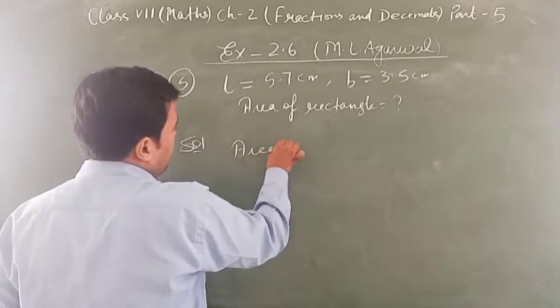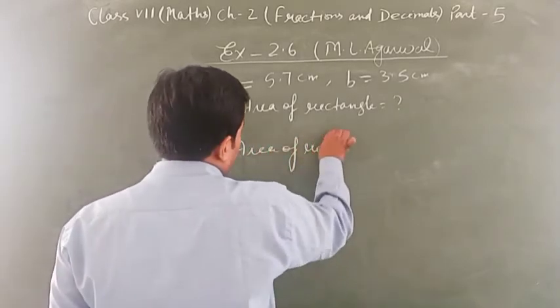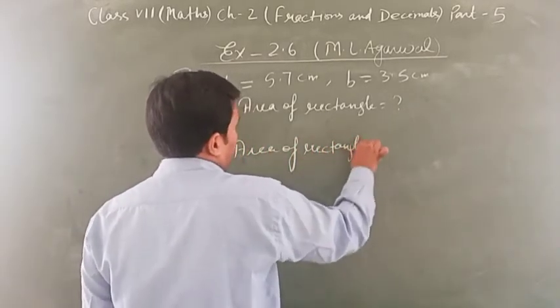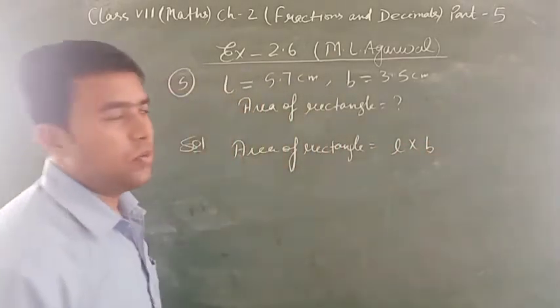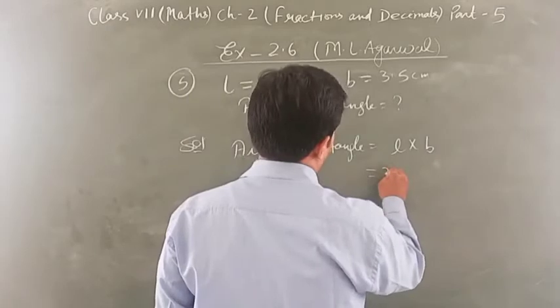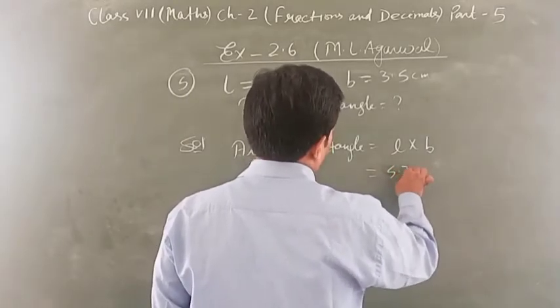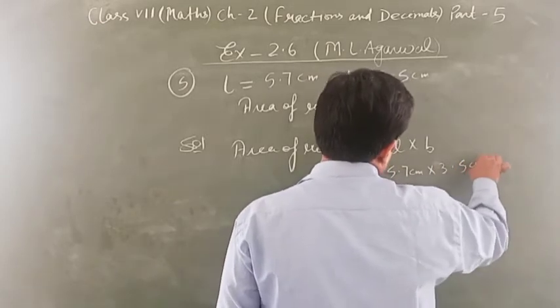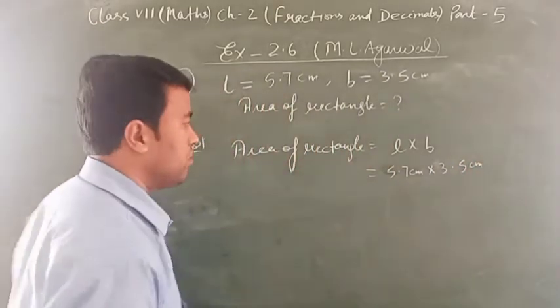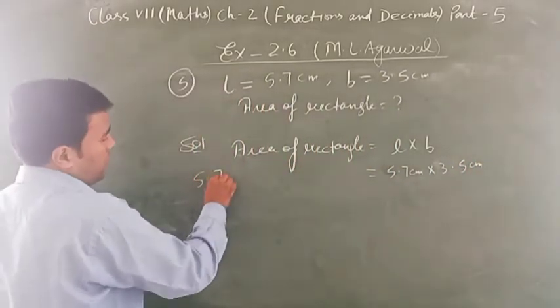Area of rectangle equal to L into B, 5.7 centimeter into 3.5 centimeter. Do multiplication.